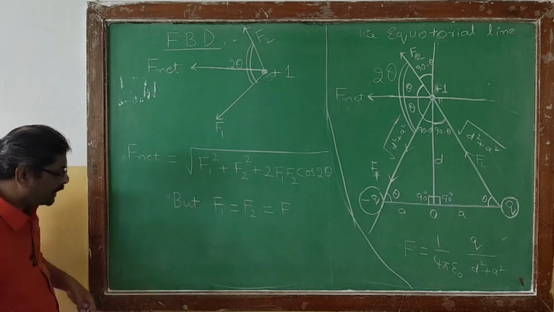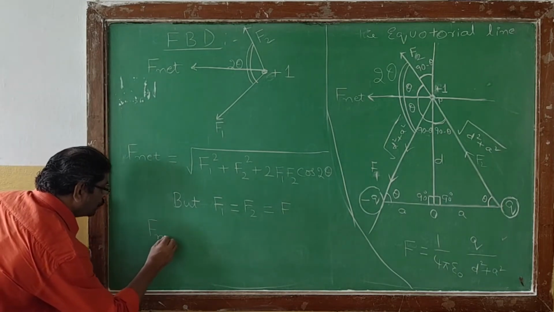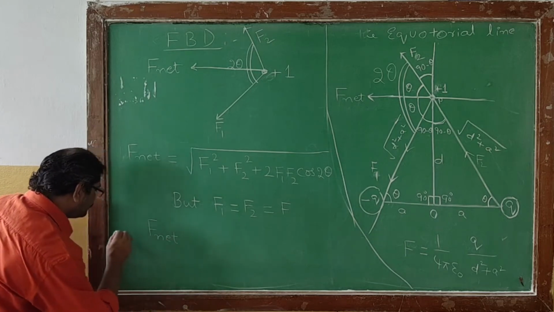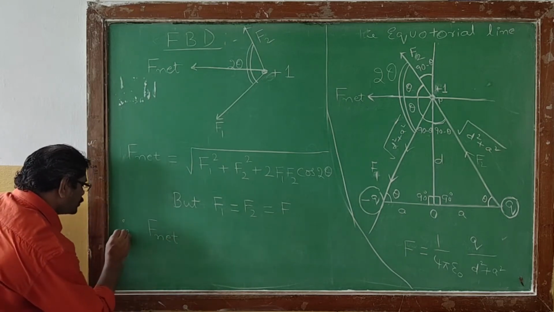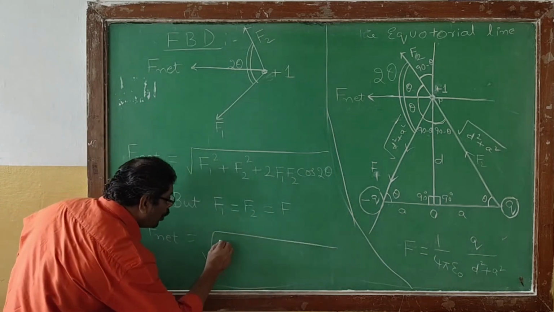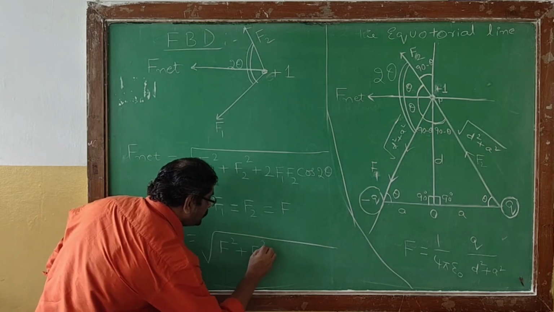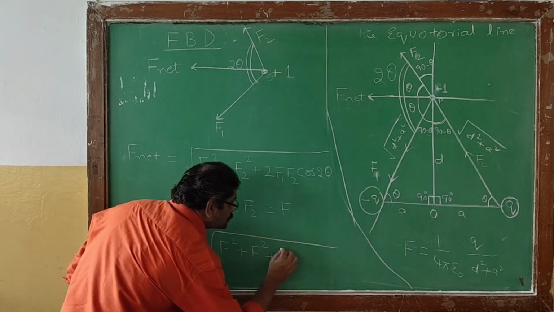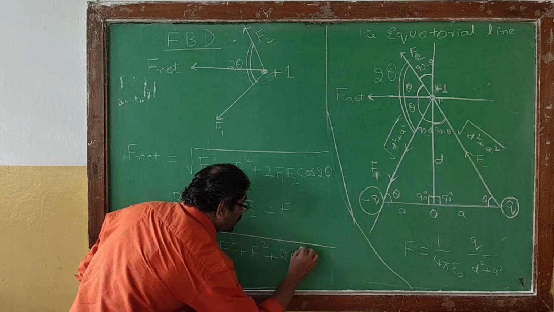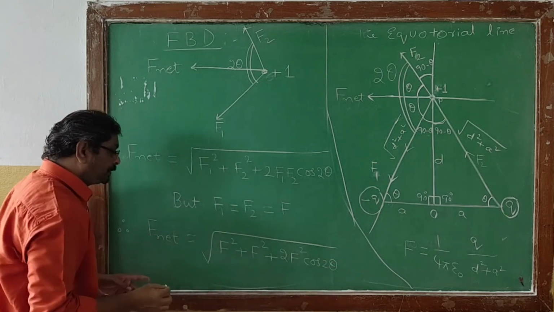After putting the value, F net will be numerically equal to under root of F square plus F square plus 2 F square multiplied by cos 2 theta.